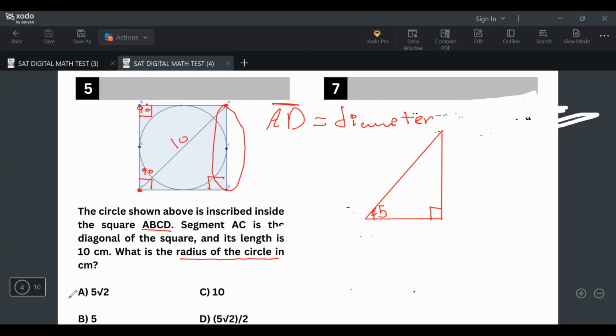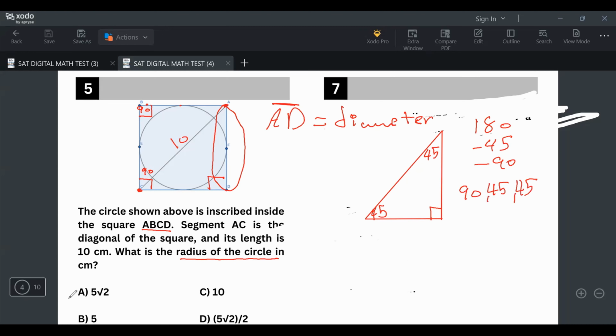And since the angles of a triangle add up to 180 degrees in total, we have 180 minus 45 minus 90. We know that the last angle is equal to 45. So if you look at this triangle here, we have a special triangle, which is a 90, 45, 45 triangle.